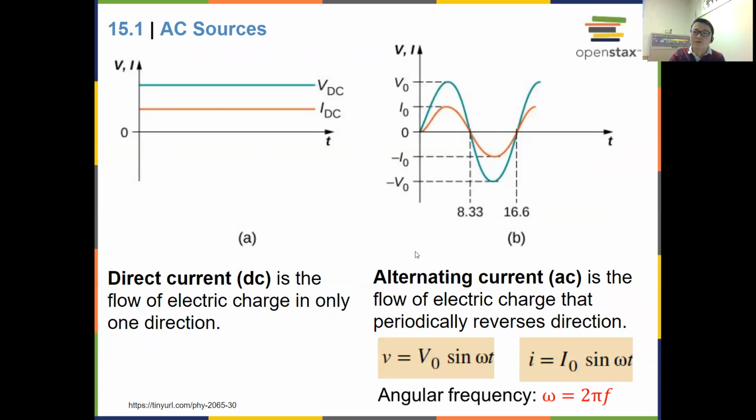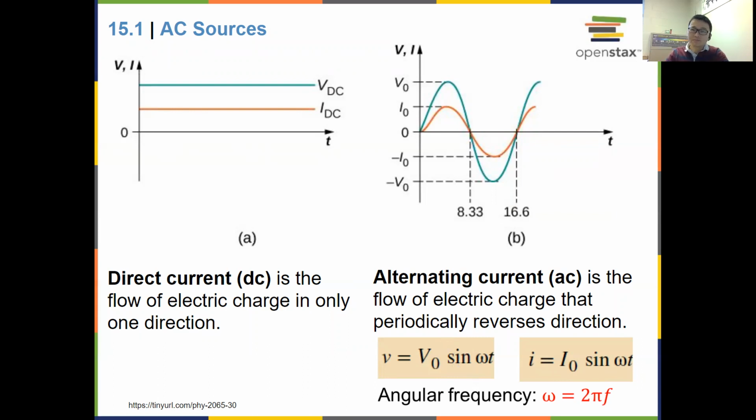Okay, so for alternating current, the voltage could be a sine function, V naught sine omega t, where omega is the angular frequency that is related to the frequency f by omega equals 2 pi f, and the current might also be a sine function or cosine function, but they are pretty much the same. Sine and cosine are just shifted horizontally relative to each other.